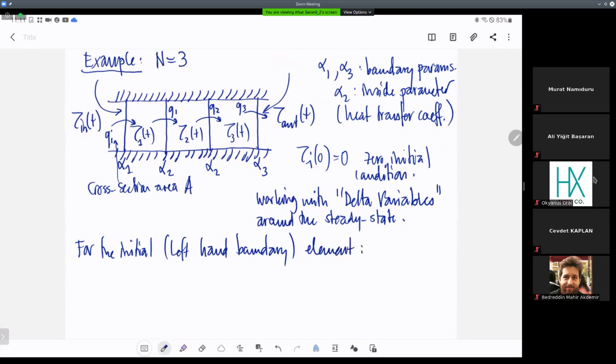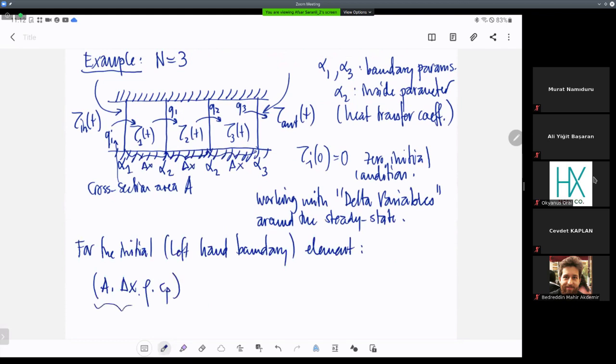What we have, if you remember, we had the heat capacity, which was the area times delta X. By the way, delta X is this distance, the same for all of them. So area times delta X times the density times the heat capacity.